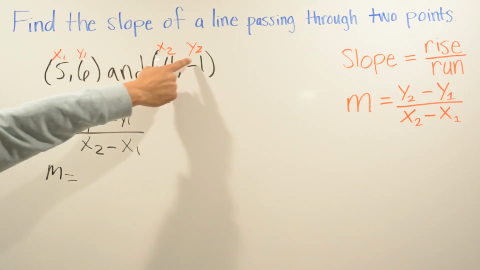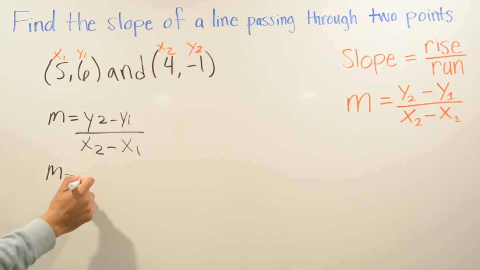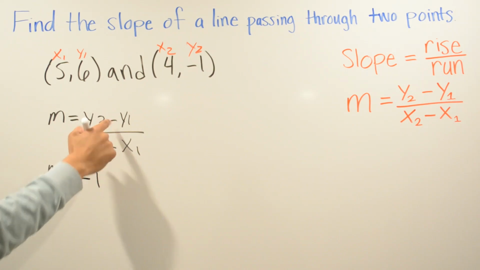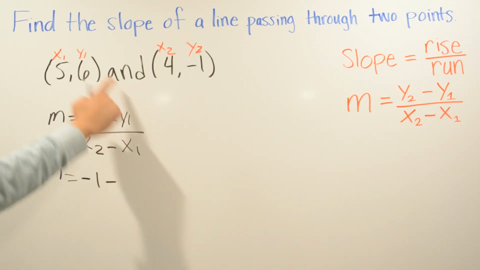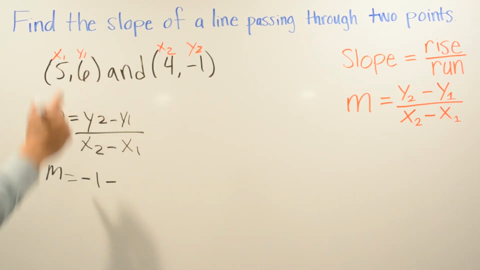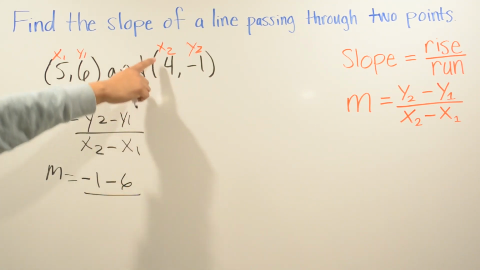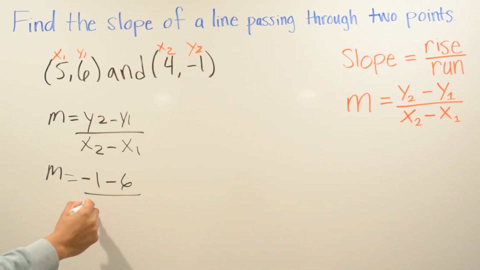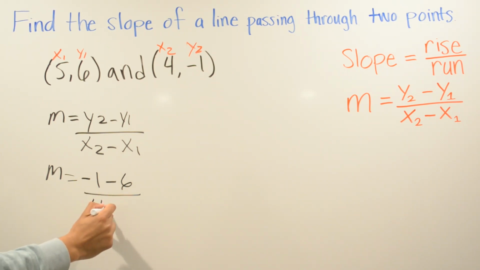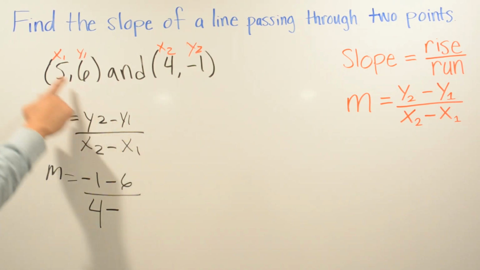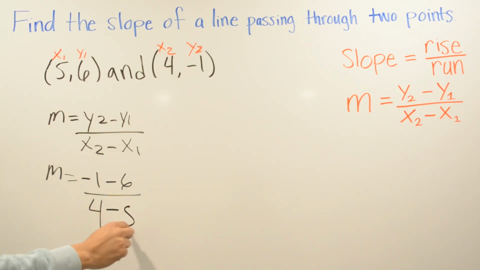We already labeled it here, so we have negative 1, minus, what is y1? We labeled that, that's 6, divided by, what's x2? We labeled that, that's 4, minus, what's x1? Here is 5.